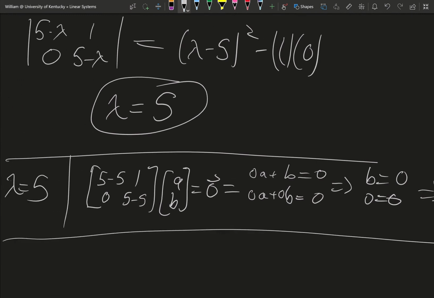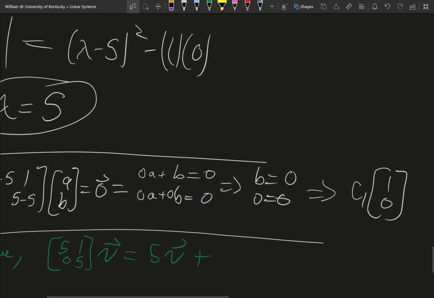What we want to do next is find our generalized eigenvector. And so, this is the explanatory bit. What we want to have happen is we multiply this matrix by some vector v, and what we end up with is our eigenvalue, 5 times v, plus this thing here.